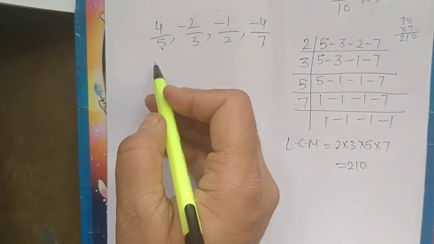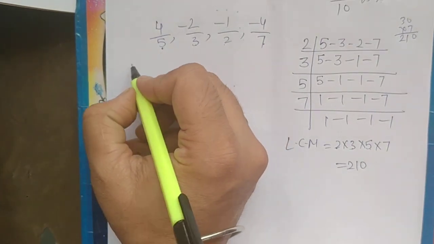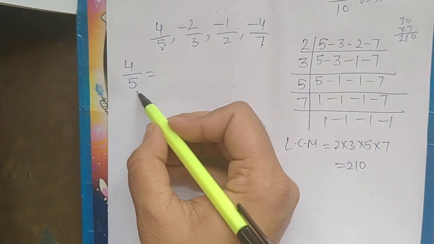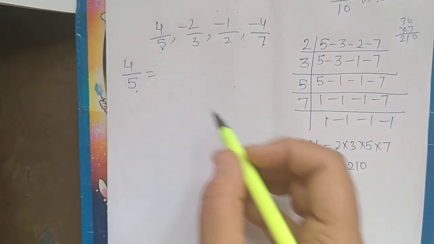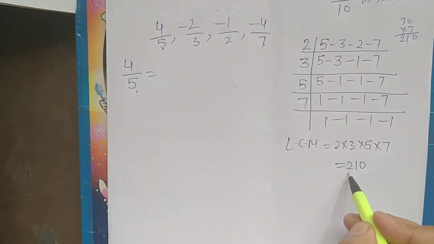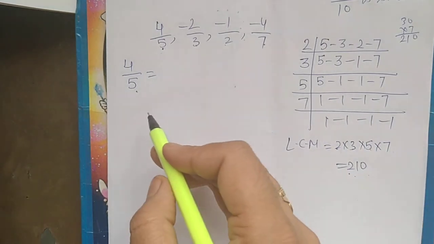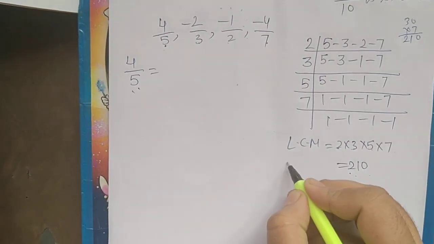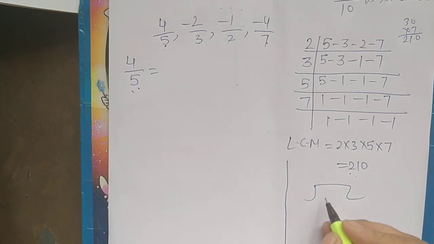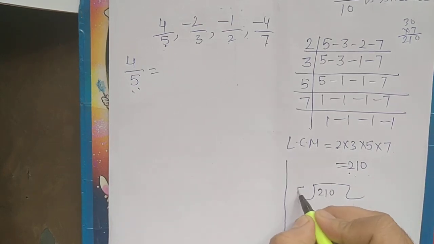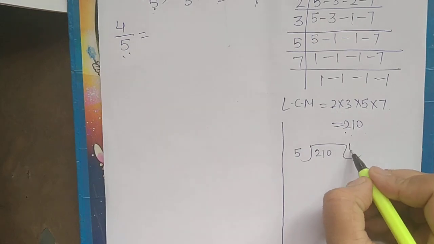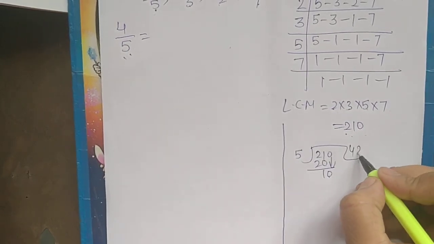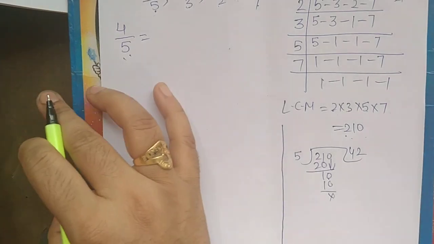Now first of all take the fraction 4 upon 5. We will have to make the denominator 210. So the method is divide 210 with 5. Here we will make the line for working. 210 with 5: 5 4s are 20, then 0 will come here, 5 2s are 10, then 42.